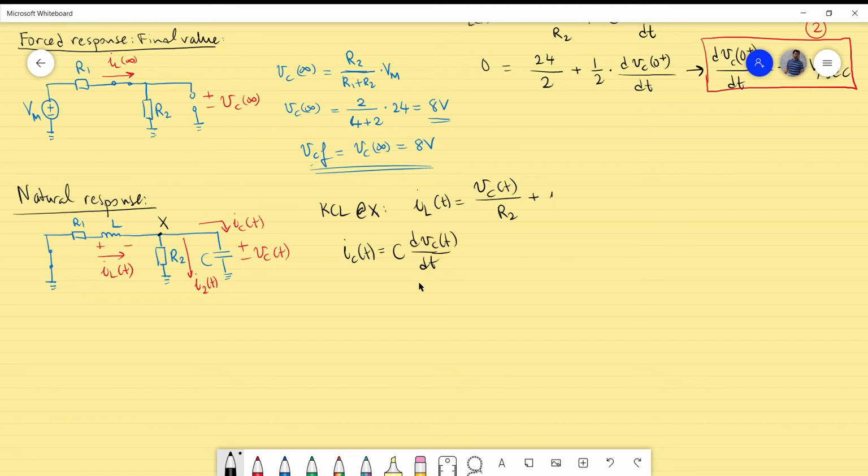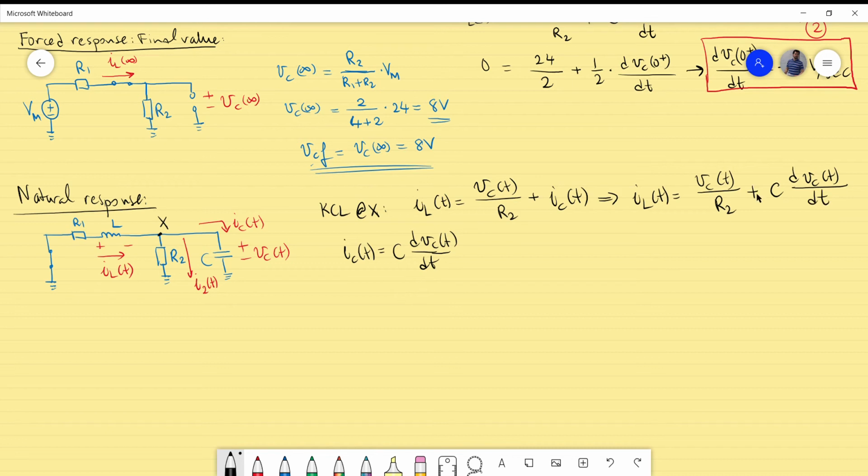So if I rewrite this, I will have the following: Vc divided by R2 plus C times the derivative of the capacitor voltage.